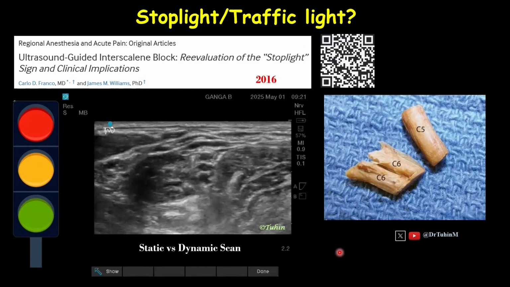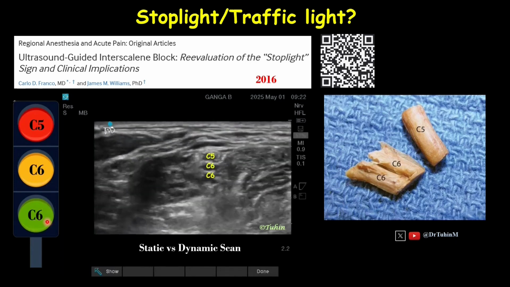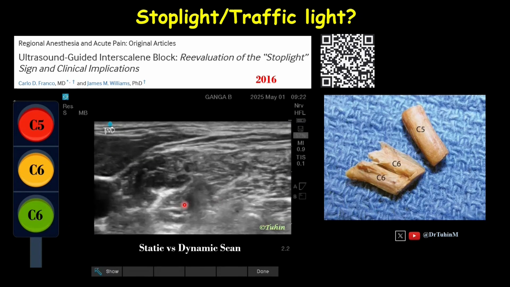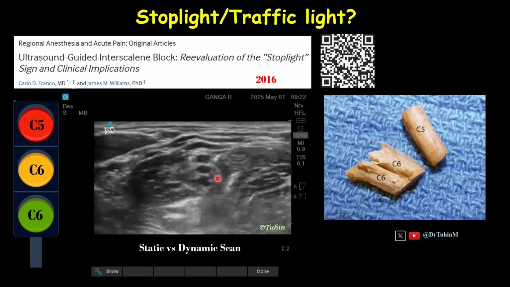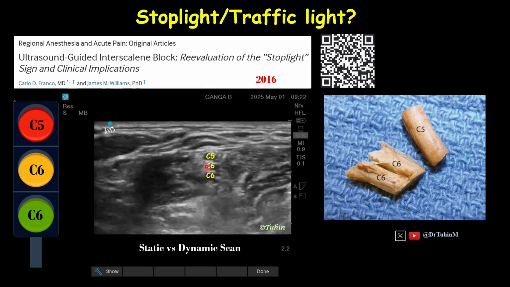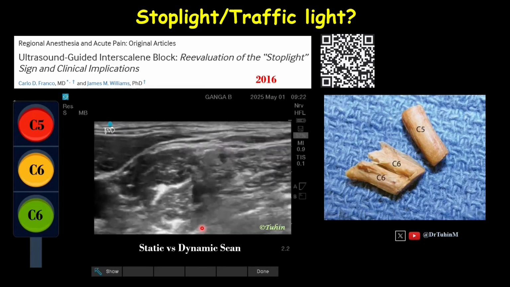Nearly 6 years later, it was correctly described as the traffic light sign consisting of C5 as the red light, C6 appearing as two fascicles, the upper yellow and the lower green component. C7 may or may not align with this configuration. This can be correctly identified when we do a dynamic scan to locate the bifascicular C6 in the interscalene gap.